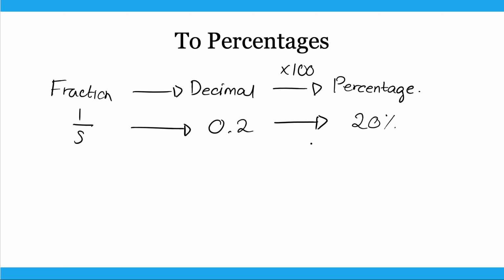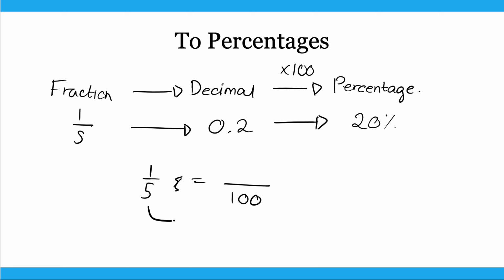Now, if you were to go from fraction to percentage directly, then you would do it this way. We have 1/5 over here. Well, we need to get to something with the denominator 100, because percent means out of 100, so the denominator for percentage is always 100.